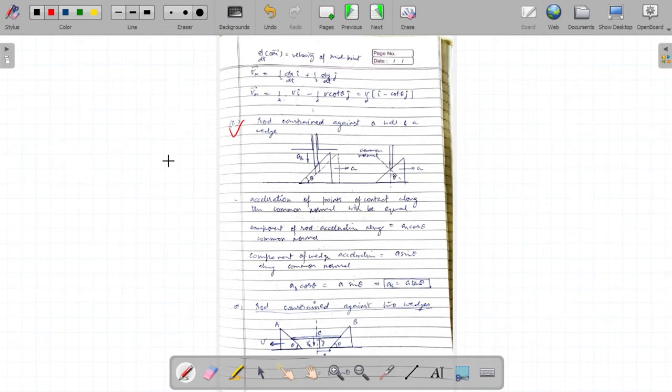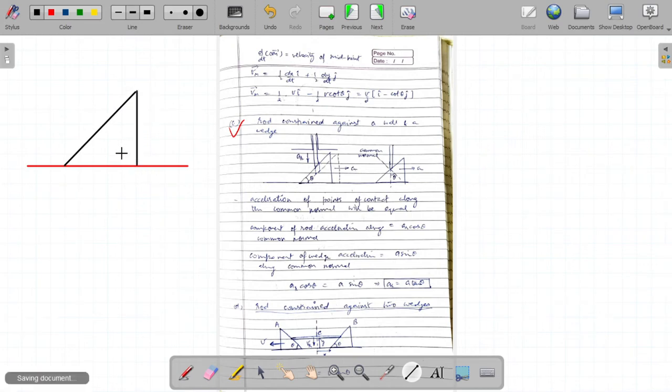So, let's see. First we have a horizontal plane and we have an incline. The incline is kept on a surface, and we have a wedge.